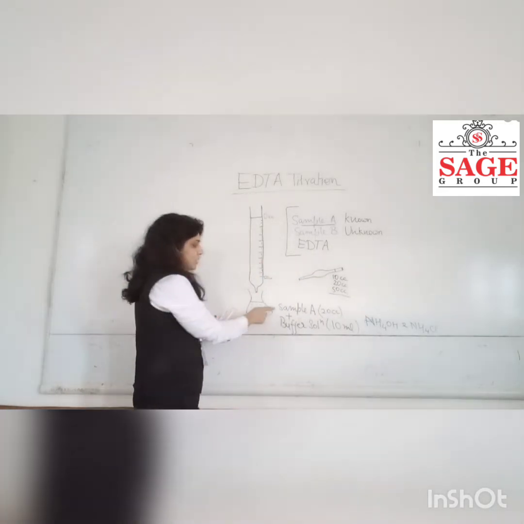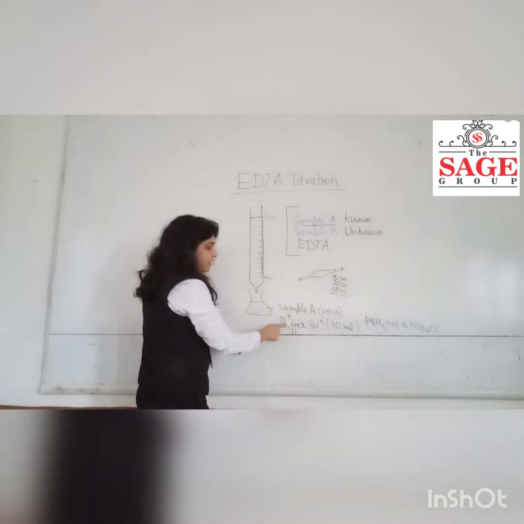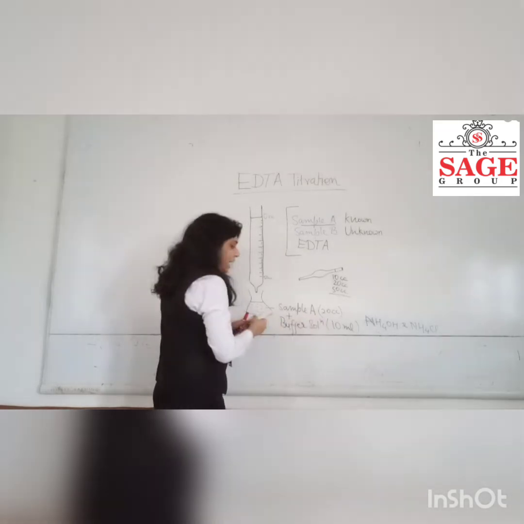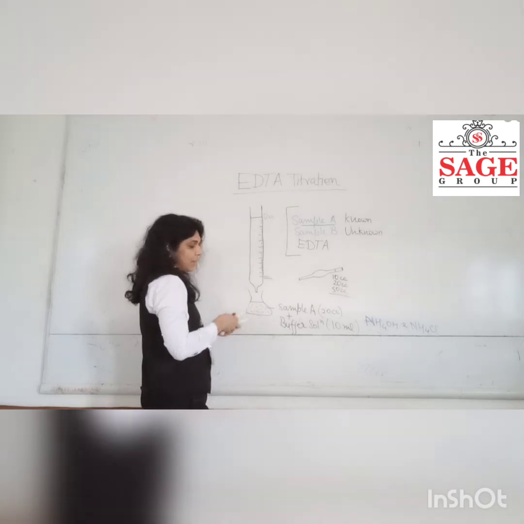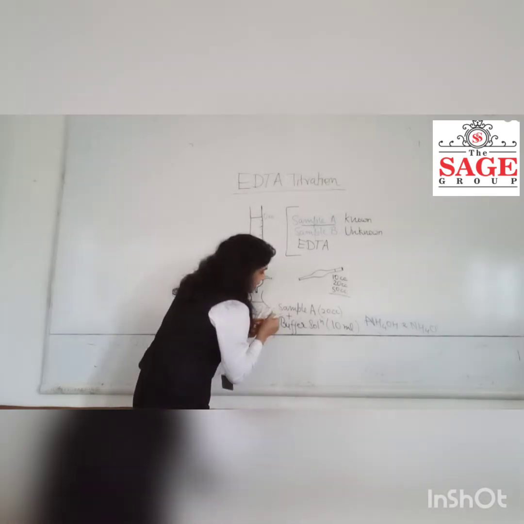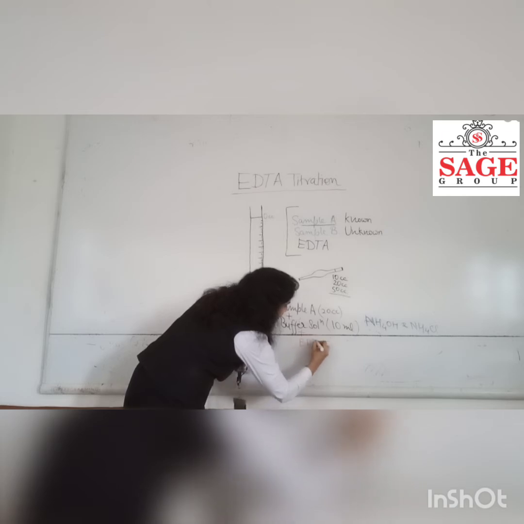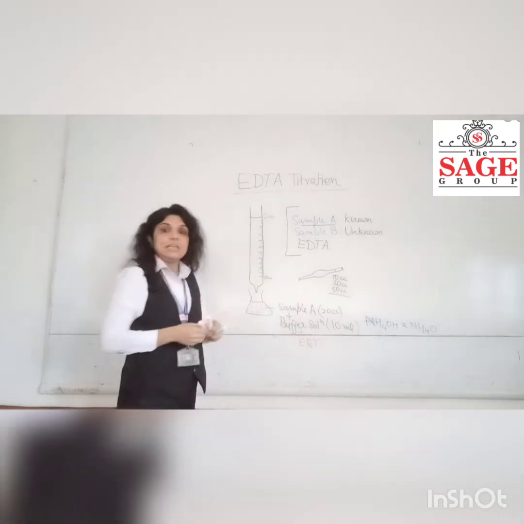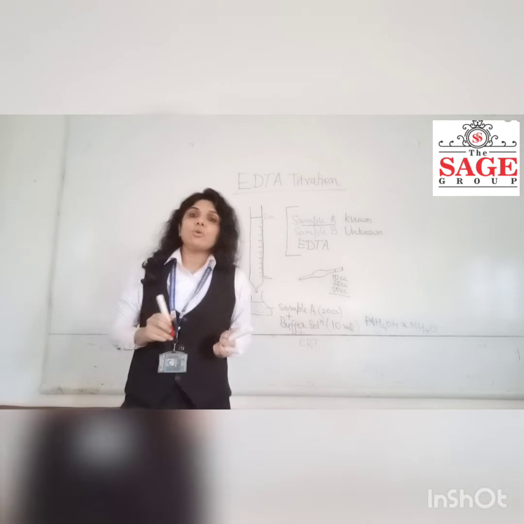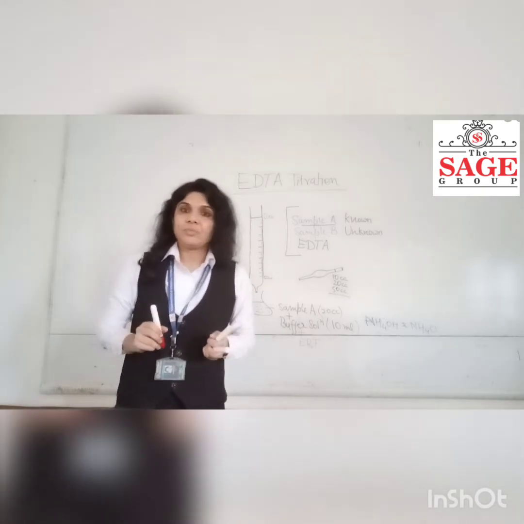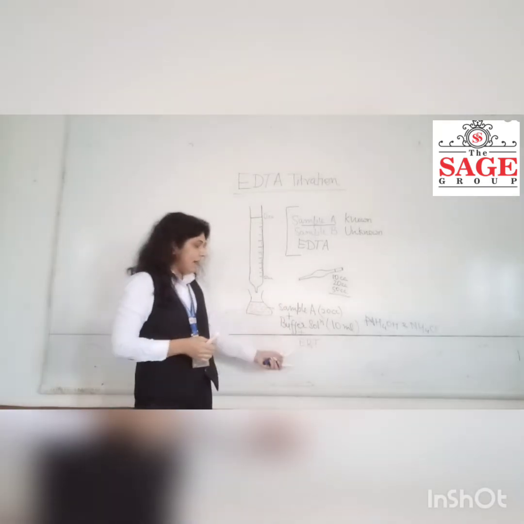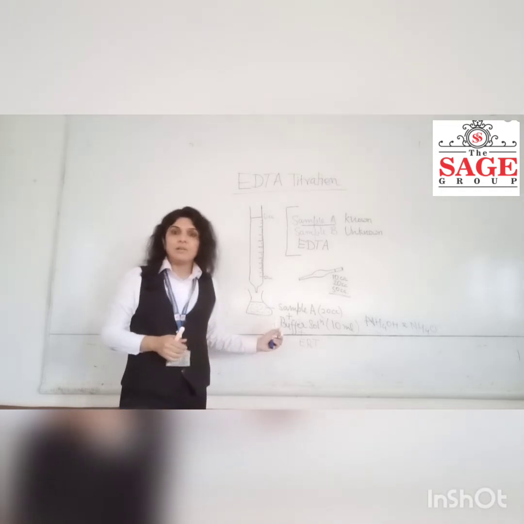So sample A, then we add 10 ml buffer solution, and one more thing we are going to add, and that is our indicator. You know that without indicators we don't do titration. So the indicator is EBT, Eriochrome Black T indicator. So these are the three things we have added in this conical flask.